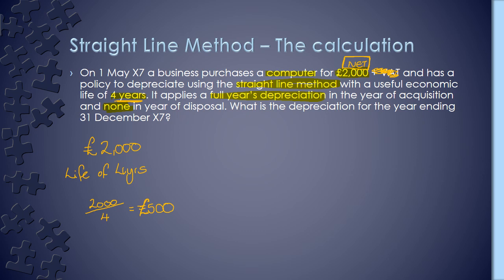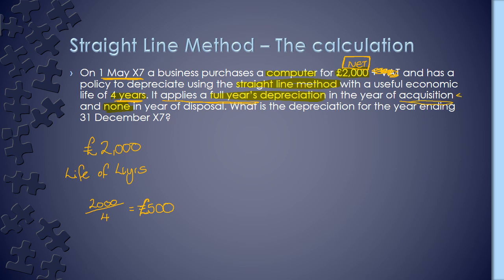So if we just have a look at the question again, what is the depreciation for the year ending 31st December 2017? So we have a look. We purchased it in the same year. Okay, so we purchased it in the same year, but we're told it applies a full year's depreciation in the year of acquisition.